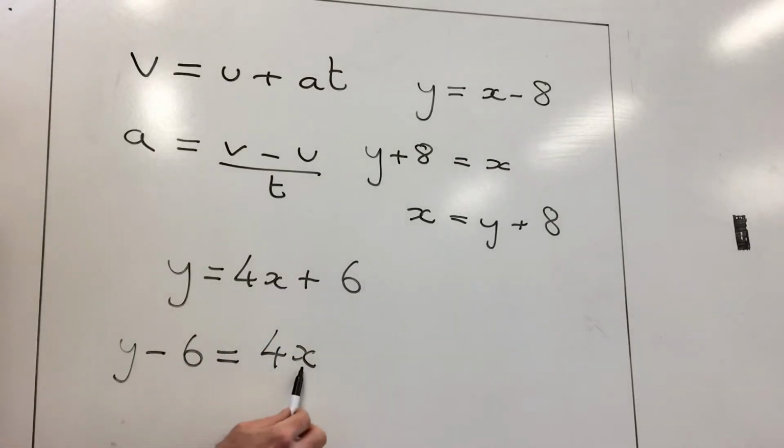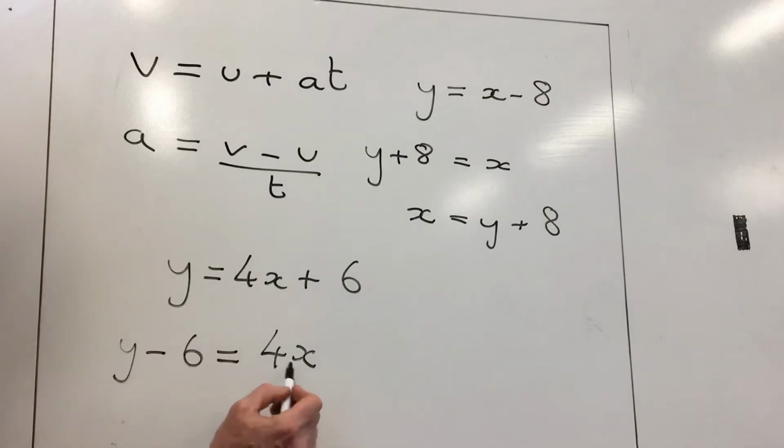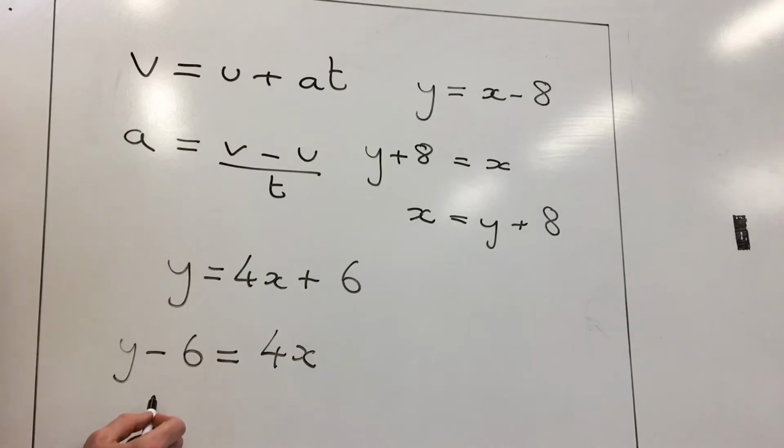I now want x on its own. To get rid of that 4, at the moment it's 4 times x. So to get rid of it, we do the inverse operation, we divide by 4. So if I divide that side by 4, the 4 will disappear, but I've got to divide this side by 4.